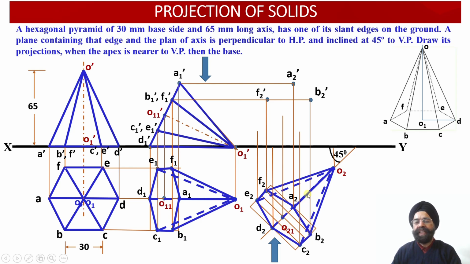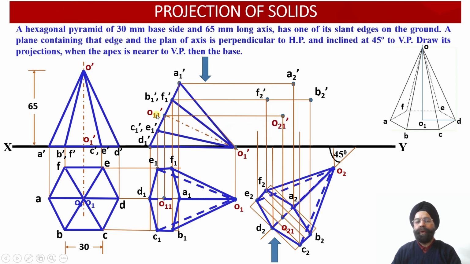So the vertical projector drawn through B2 intersecting with this horizontal line will provide us with the point B2 dash in the elevation projection view. Similarly, the vertical projector drawn through point F2 intersecting with this horizontal projector line emerging from F1 dash will provide us with the location of the point F2 dash over here.